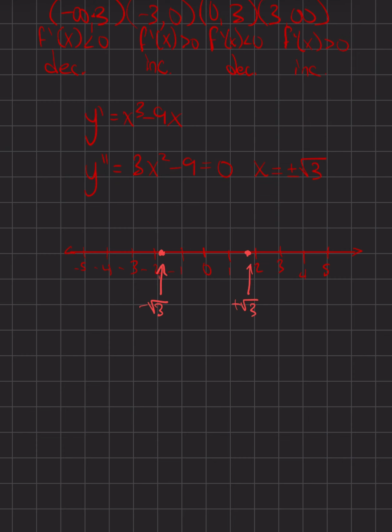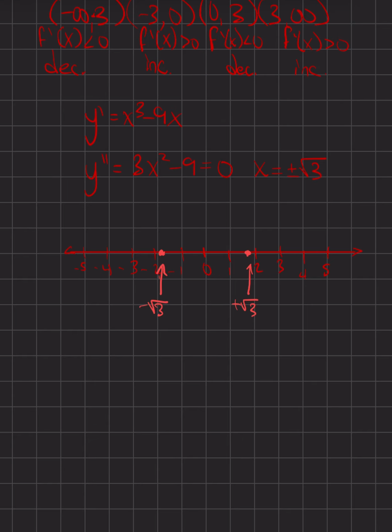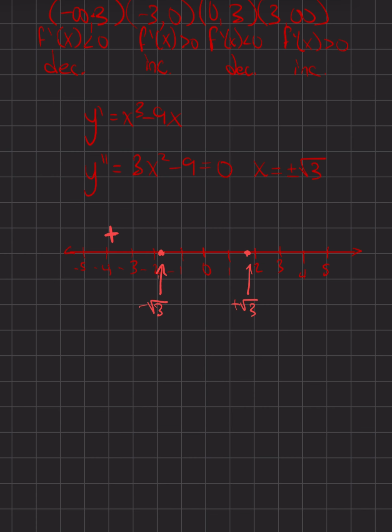So if we plug values in here, let's plug in negative 3. Negative 3 squared, that's going to be 9. 9 times 3 minus 9 doesn't really matter. All we need to know is that our function below this point is going to be positive.